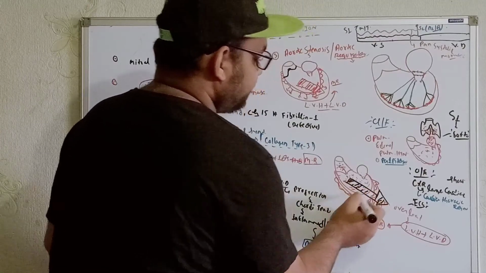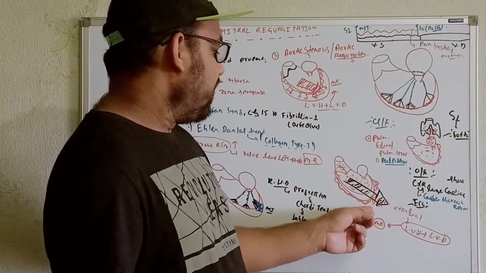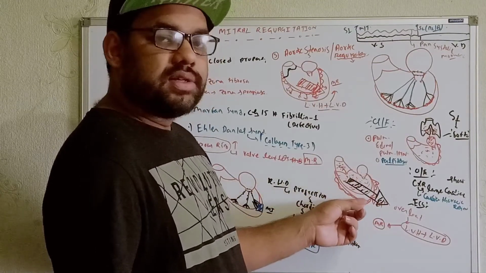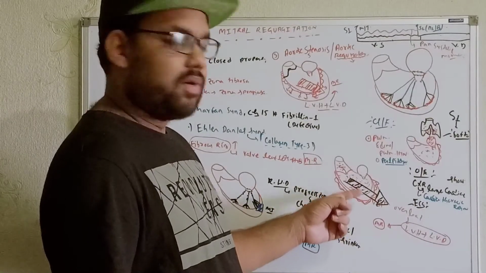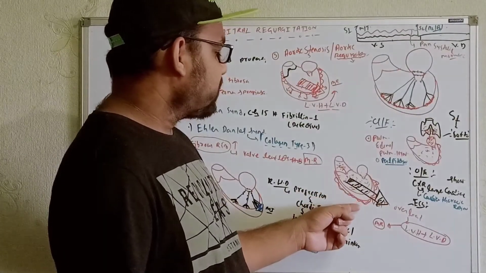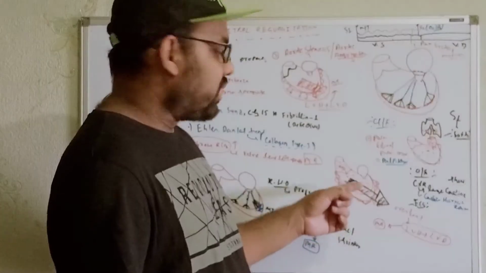As we know, during ventricular depolarization, if we get the left ventricular hypertrophy, we will get the stronger depolarizing vectors towards the left side.